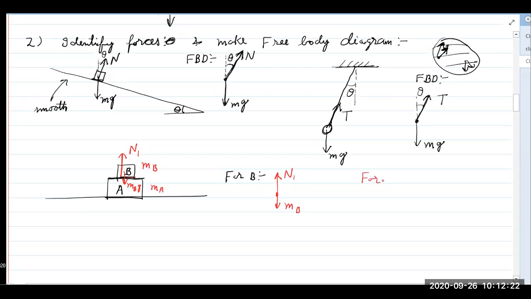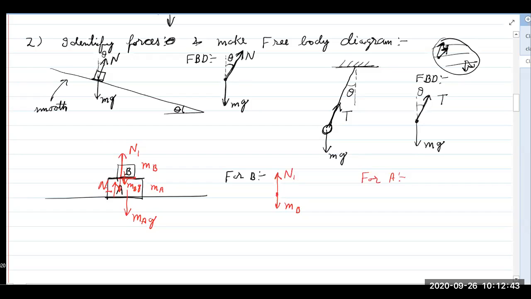Similarly for A, what are the different forces? For A, there is mag downward, then the normal from the ground, that is N2, and from the upper surface there will be a downward normal, because for every force there is an equal and opposite reaction.